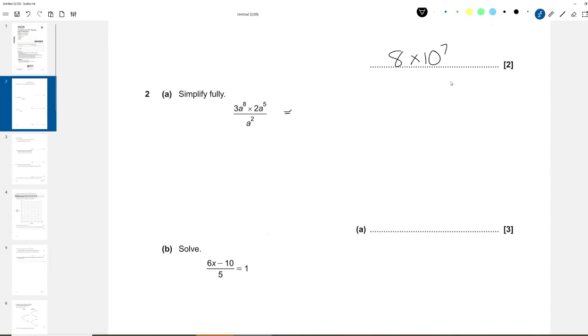So I times the numbers together, 3 times 2 is 6, and then I times the powers together. Now remember, when I times the powers together, I have to add the powers. So I'll get a to the power of 13. Now, once I've worked out the top and the bottom, I need to divide. So when I'm dividing powers, I must subtract the powers. So my final answer will be 6a to the power of 11.